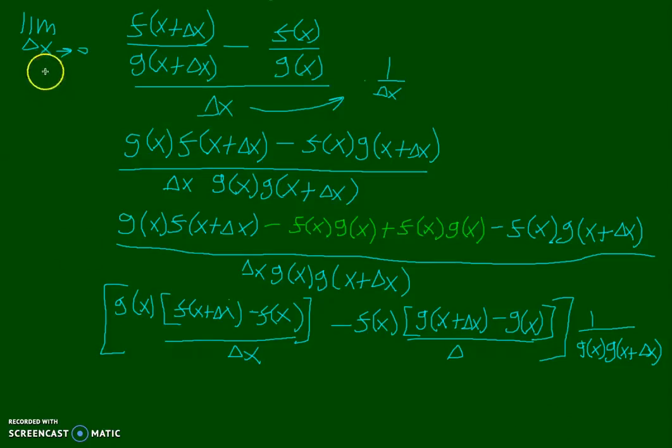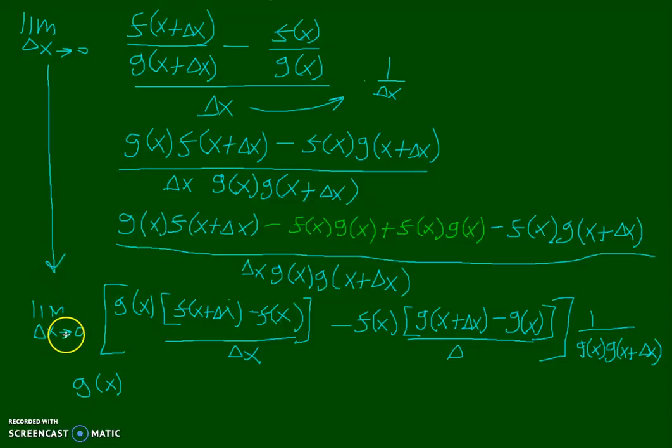Alright. Now we continue to carry down our limits, and when we take the limit as delta x approaches 0 of these functions, the limit of g of x is simply g of x.